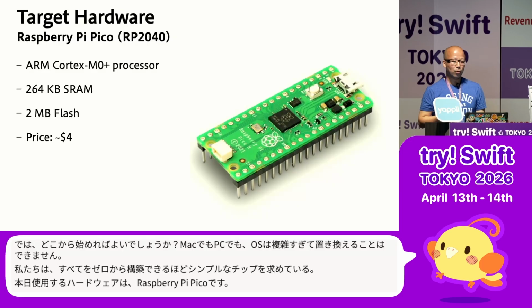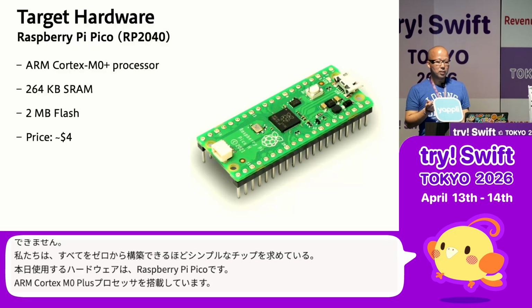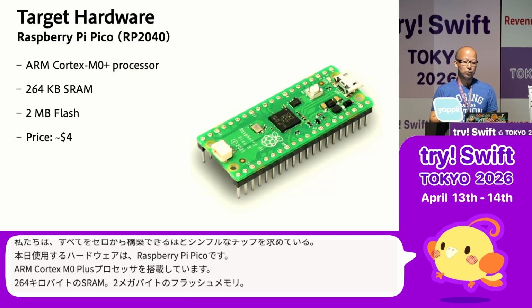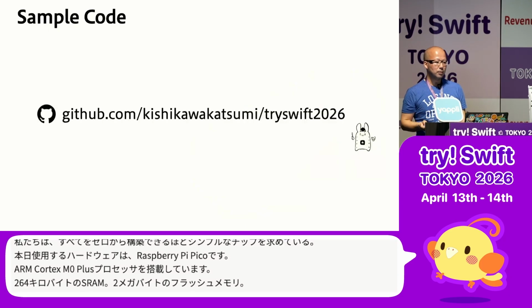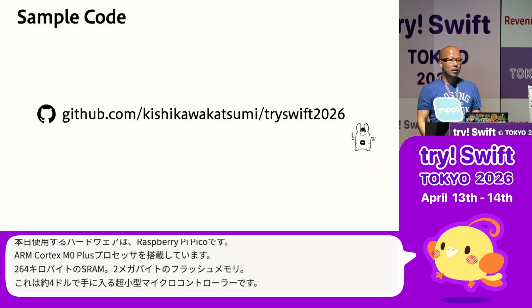It has an ARM Cortex-M0+ processor, 264 kilobytes of SRAM, 2 megabytes of flash. It's a tiny microcontroller you can get for about $4. The sample code is available on GitHub. Everything is written in 100% Swift, no C code at all.